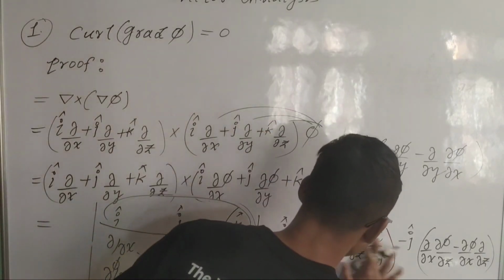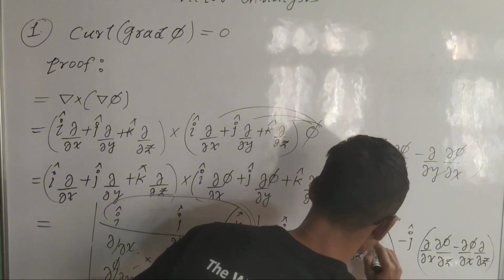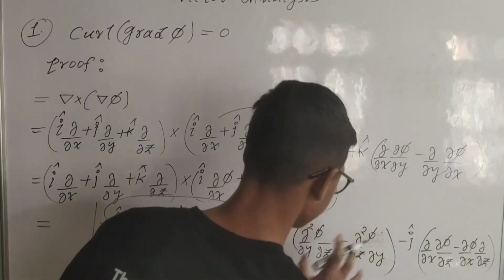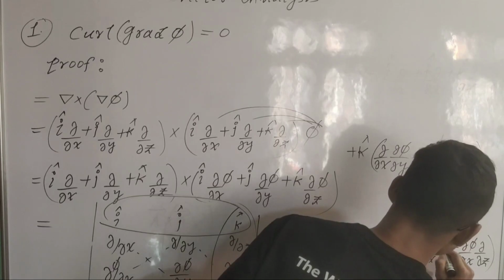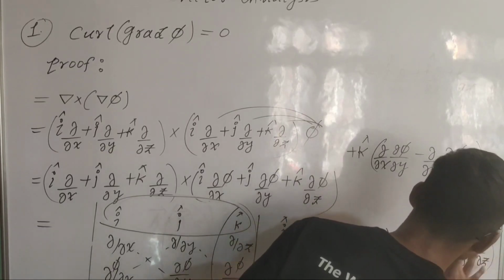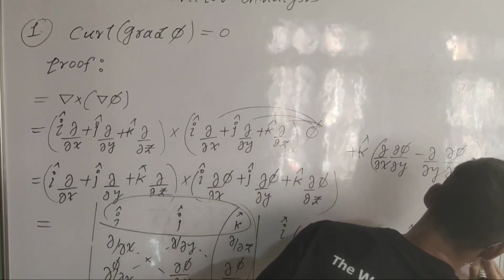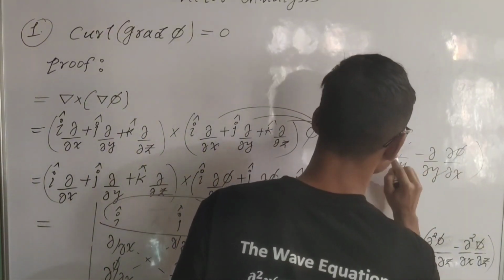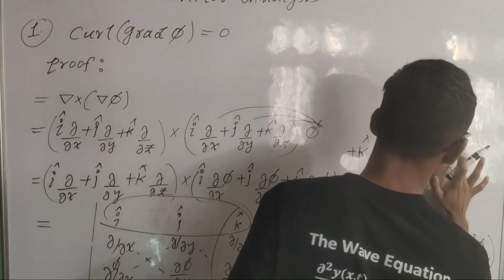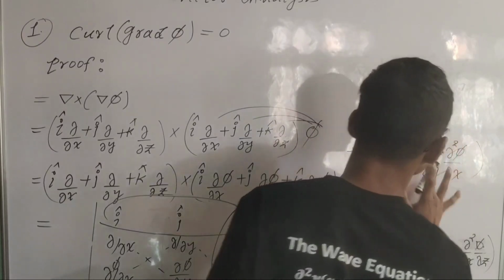And here as well, del to phi. Similarly here as well, del to phi, and so on down the line.